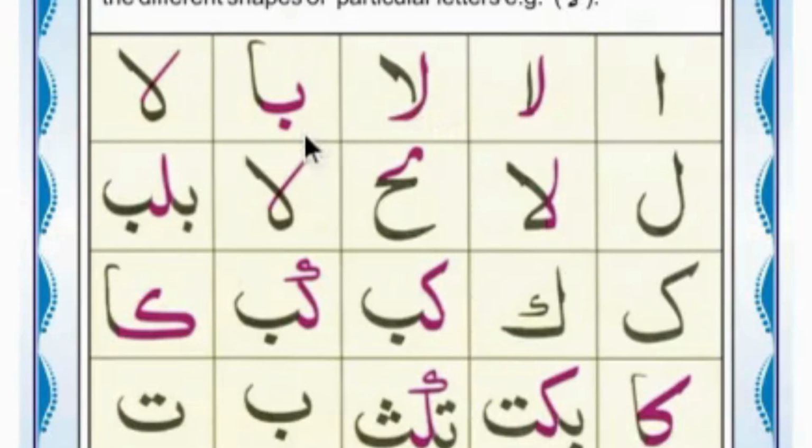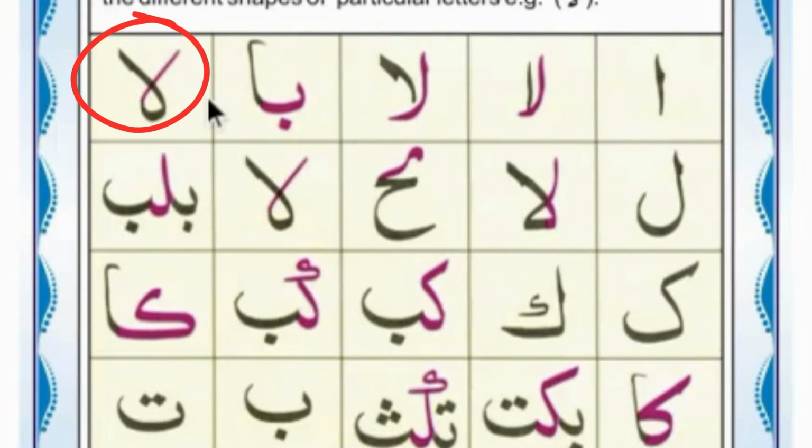The next letter is ba, alif. It has one dot on the bottom, so it's ba, alif. And the last one in this row, lam, alif.